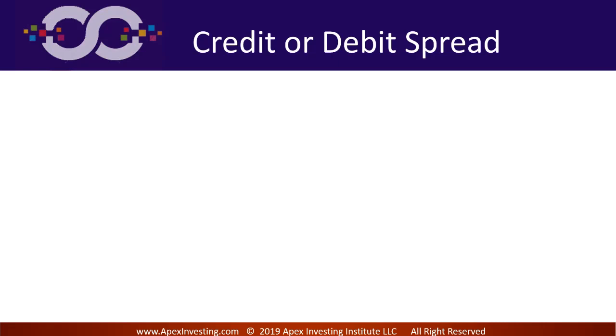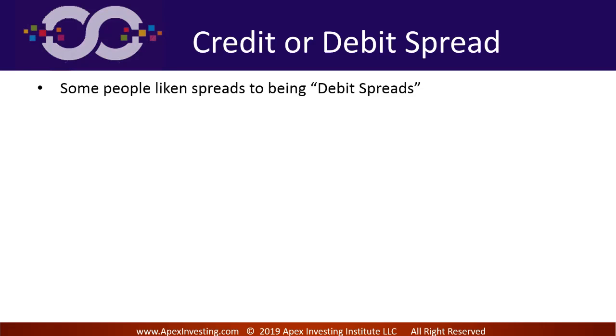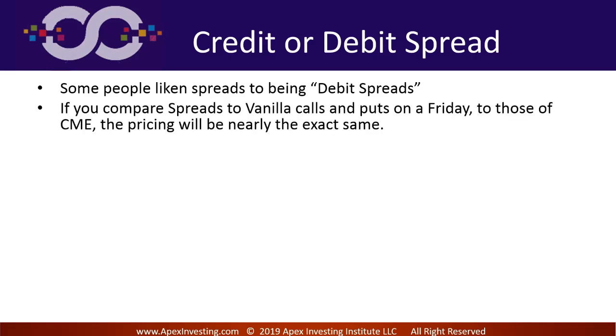So now there are also things called credit spreads and debit spreads. Some people liken spreads to being debit spreads. If you compare a spread to a vanilla call and put, now I'm talking about a Nadex spread. They call it a Nadex call spread.